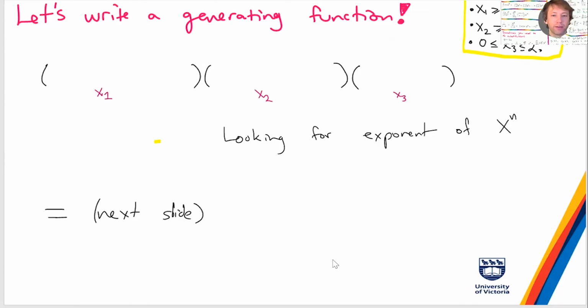But how would I write the generating function for this? I'm looking for the coefficient of x to the n, and what should I write in these 3 parentheses? The first one's going to correspond to x1, the second will correspond to x2, and the third to x3.